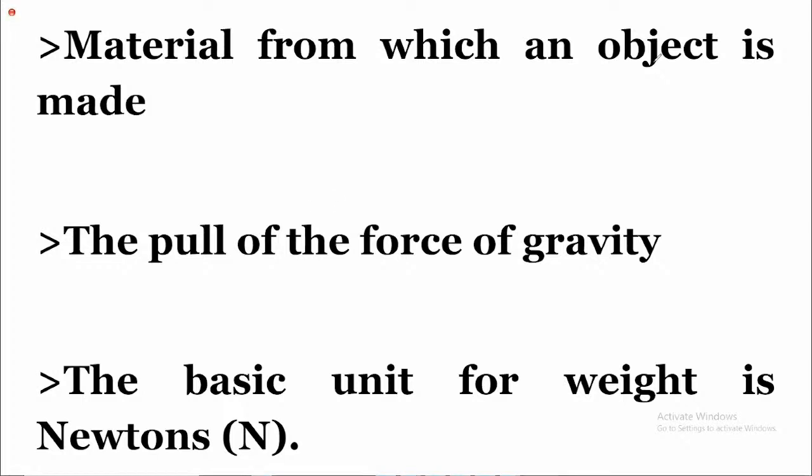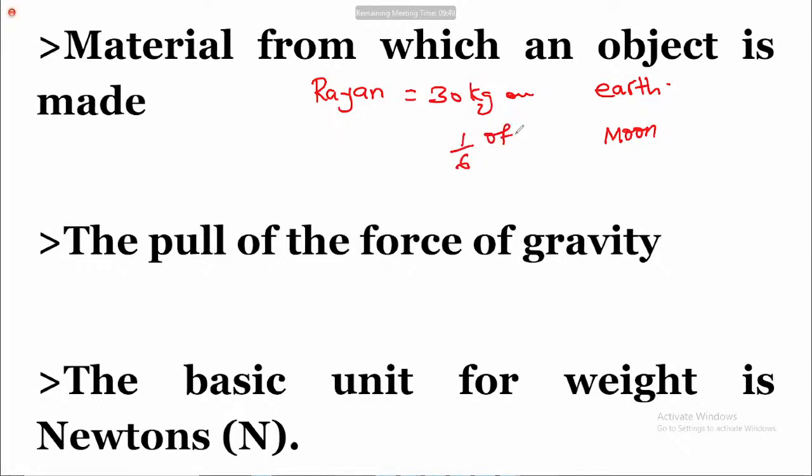So your distance to the surface of the earth determines your weight. For example, if Ryan is 30 kilograms on the earth, when the same Ryan goes to the moon, he will be a sixth of the 30 kilograms.